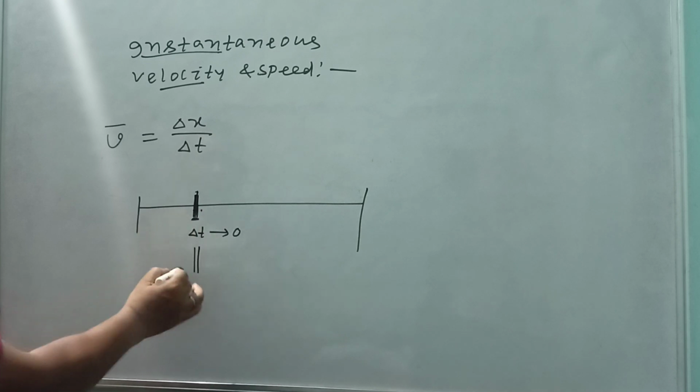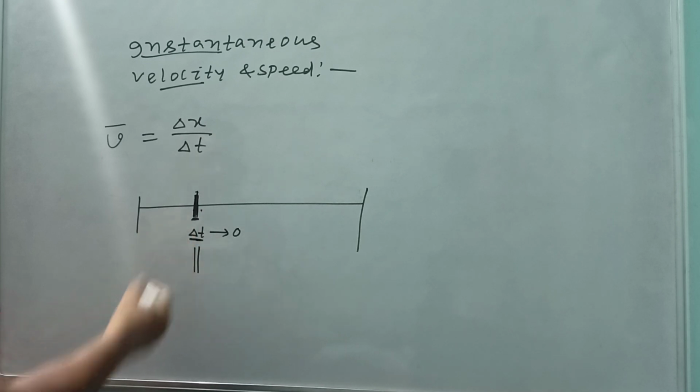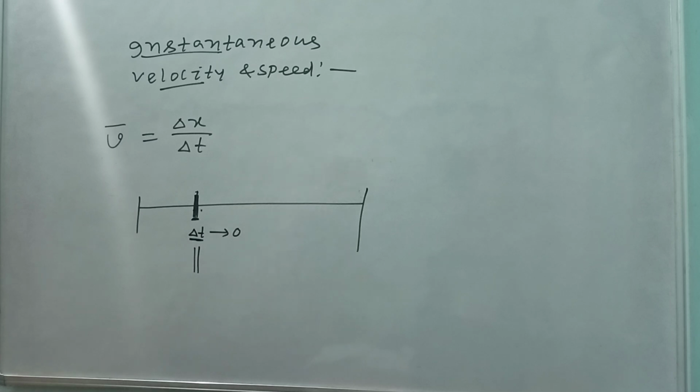These 2 points are very close. So what will be the time interval? That tends to 0. Tends to 0 means it is not equal to 0, but it is approximately equal to 0. I mean it is not 0, it tends to 0, it is close to 0.